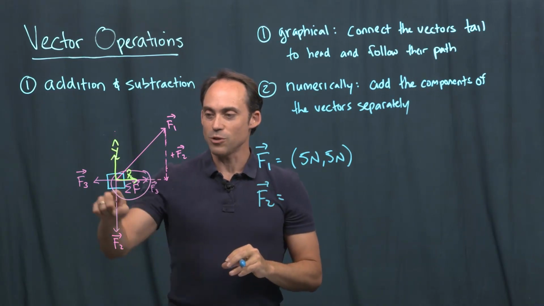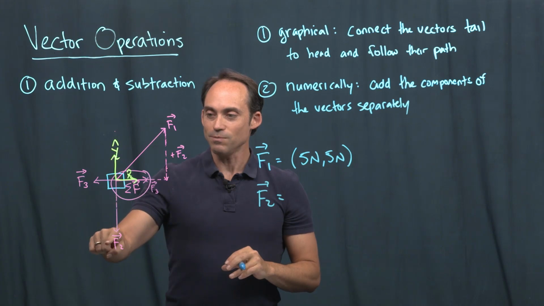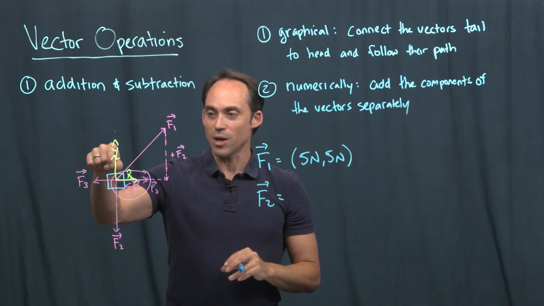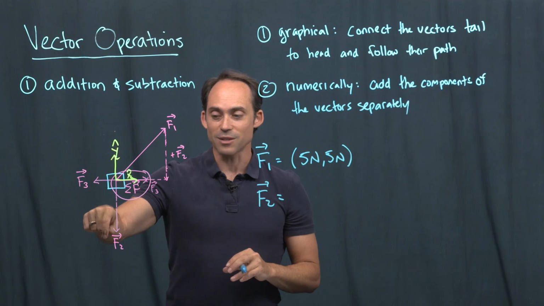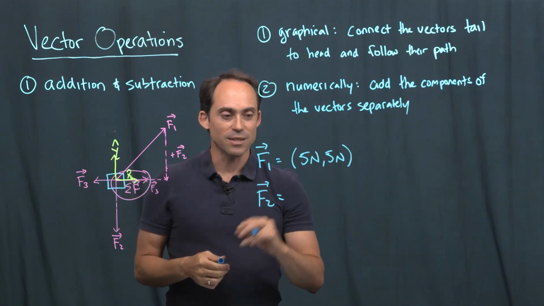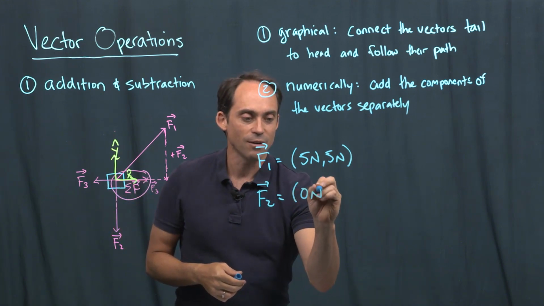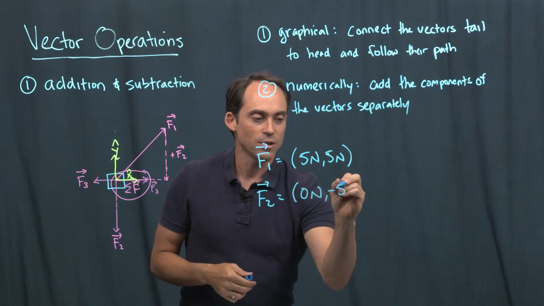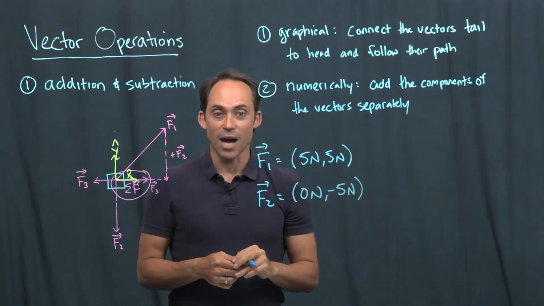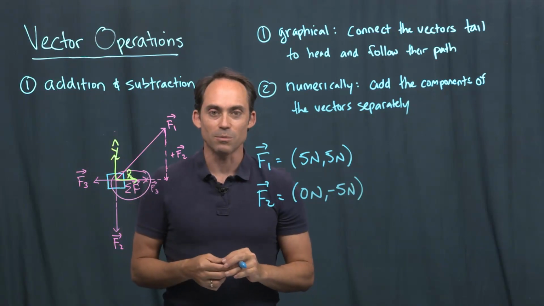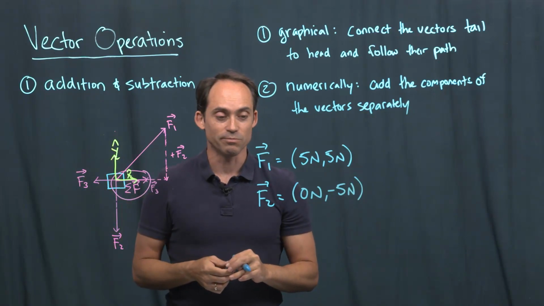All right? I can then write down our other forces. In this case, the force F2 is pointing straight down. So in our coordinate system, that means it's going in the negative direction from the y-axis, and it's not going anywhere in the x-axis. And so I can write that as (0 newtons, minus 5 newtons), because I measured this earlier to be about 5 inches, and it's 1 inch per newton.